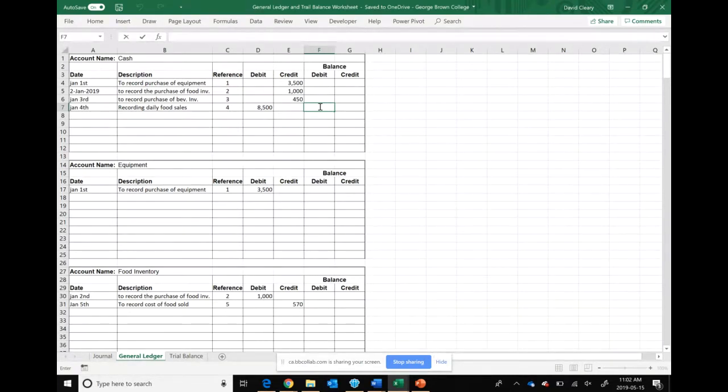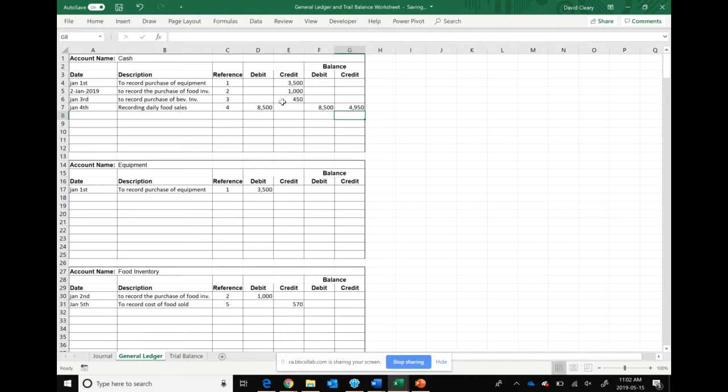So for instance, our cash here, because we only have one debit posting, the debit total is $8,500. On the credit side here, we have multiple credits in the cash account. So what we're going to do is we're just going to add those up. Okay, so we have a debit total, we have a credit total.